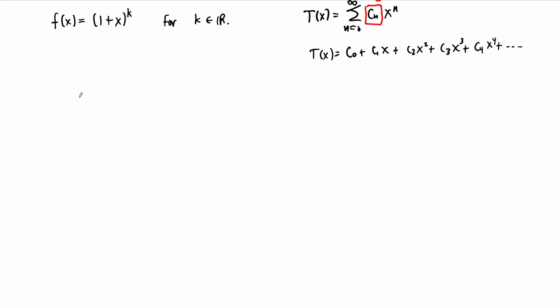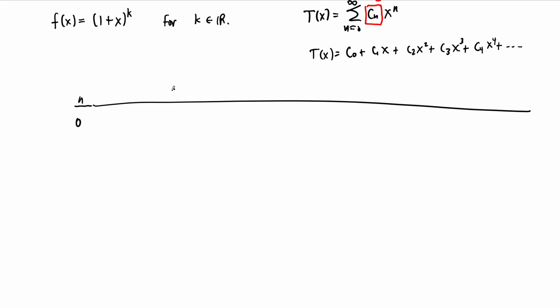So here's what we're going to do. We're going to take derivatives. Let's start by making this giant table where n is equal to 0. Our nth derivative of our function, if we haven't taken any derivatives, is just 1 plus x to the power k. Then we need a formula for f n applied at 0, and this is just 1.